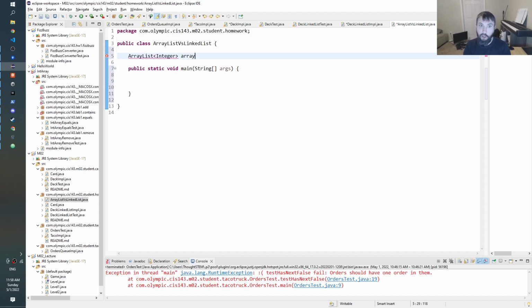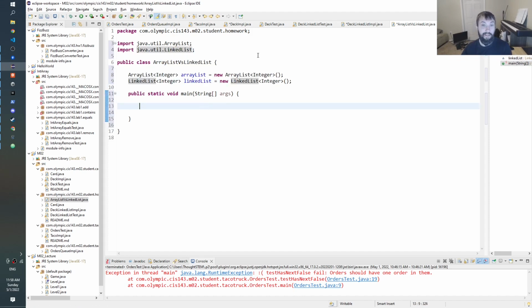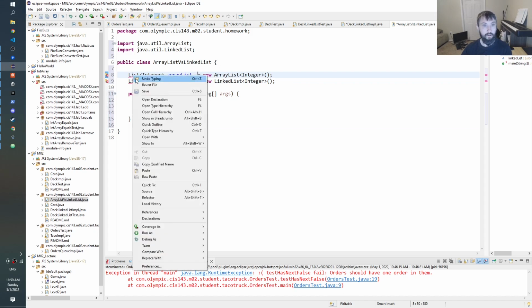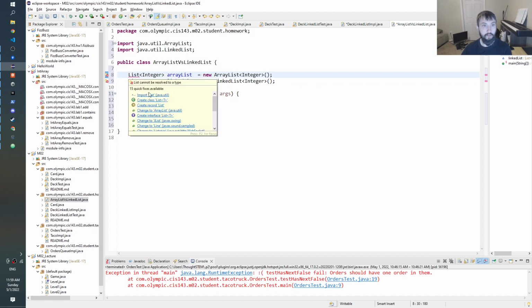And we'll call it arrayList, and I'll say new ArrayList. And then let's fill them both up with a lot of stuff. So they're both lists. Let's actually declare them both as lists because they both implement that interface. Let's make sure we import List.